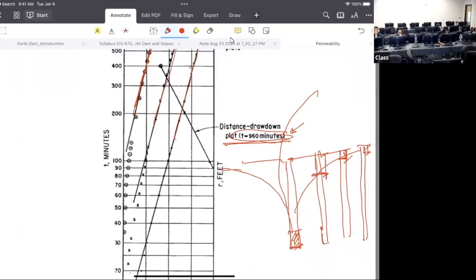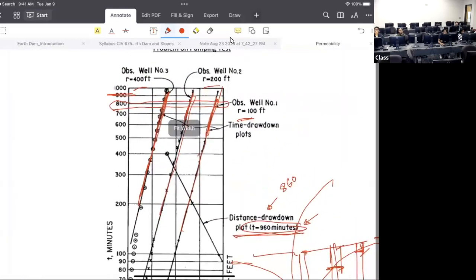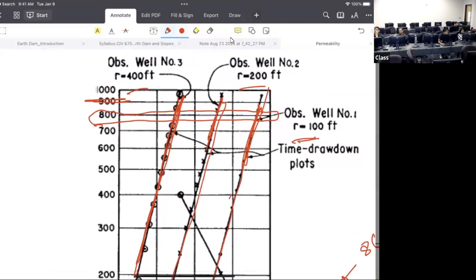I want to be clear about your T, the time at which Q is given. Q can vary, right? Let's say your Q is given at 850 minutes instead of 960 minutes. In that case, from this curve, which is talking about the S, you calculate the S for a certain time.